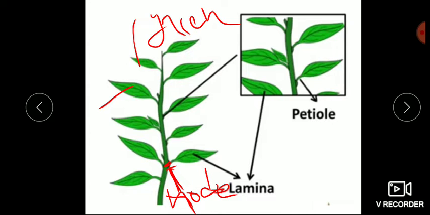So, leaf is a green flattened structure which arises from the node of the stem.